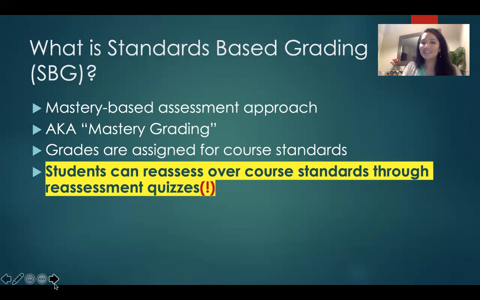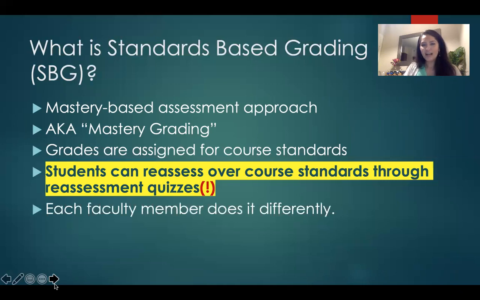So everyone does this a little differently. If you search for standards-based grading or mastery grading online, you will see that sometimes it's just mastery or in progress. And I don't know what they call it when the student hasn't made any progress on the standard, but it's sort of a 0 to 2 scale where you either know it or you don't know it, or you kind of know it.